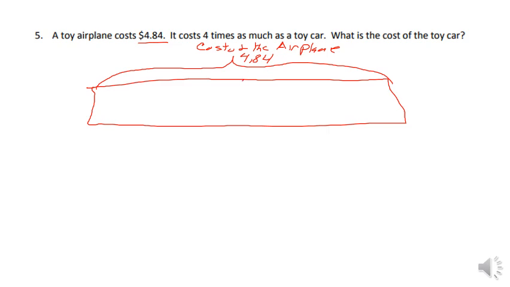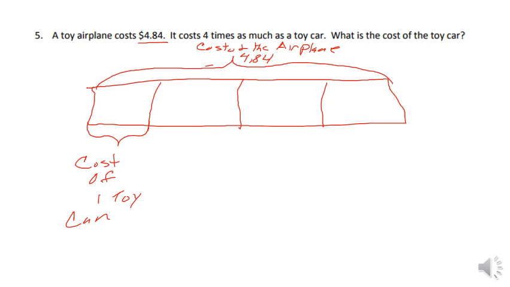Now it says it costs 4 times as much as a car. So if I was to take this tape diagram and split it into 4 different sections, I know that one section right here would be the cost of 1 toy car. And I can see there's 4 sections.